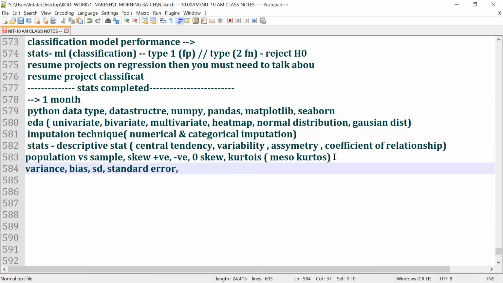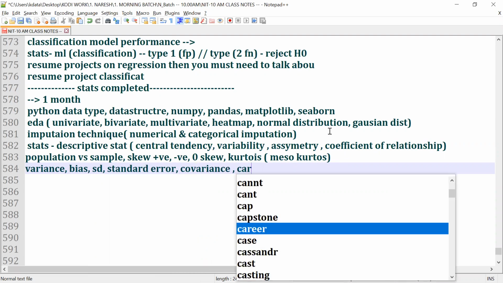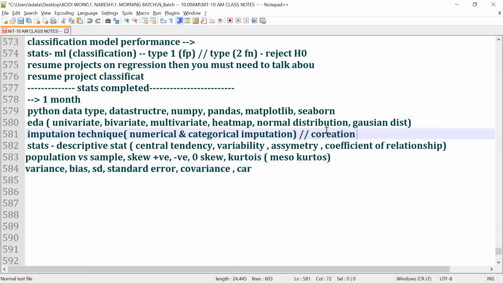What else did we complete? Covariance. Also correlations. In EDA, we completed correlations as well, right, guys? What is positive correlation? What is the correlation range? -1 to 1 or 0 to 1, guys? -1 to 1, right? And then covariance, standard error. What else did we do?